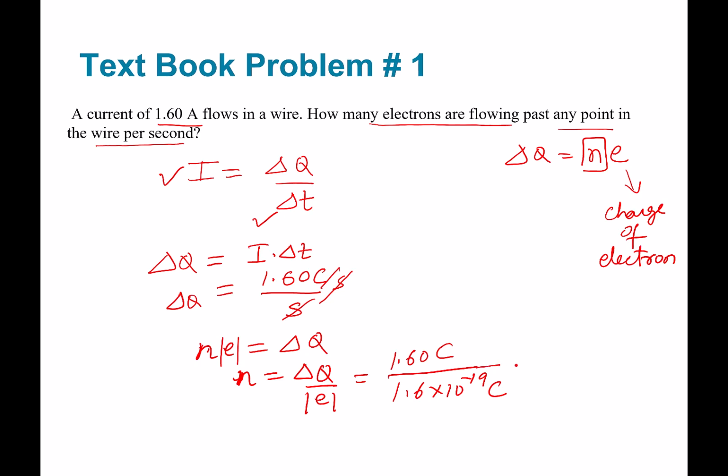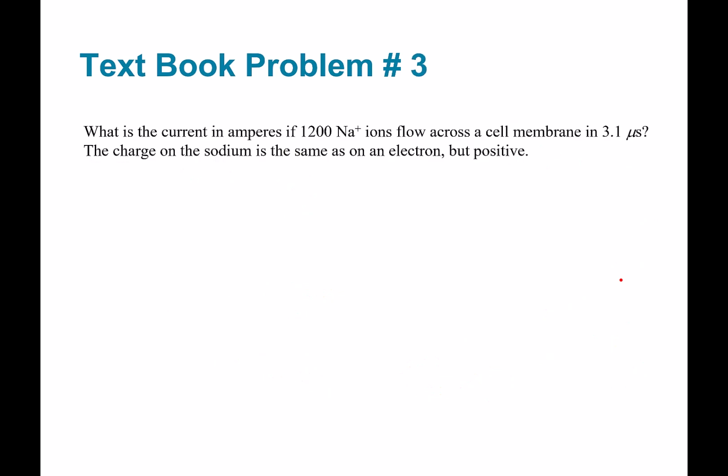So you can see that coulomb and coulomb go away. So the number has no unit. And we should end up getting 1.0 cross 10 to the power of plus 19 as the number of electrons that were flowing through the wire per second.